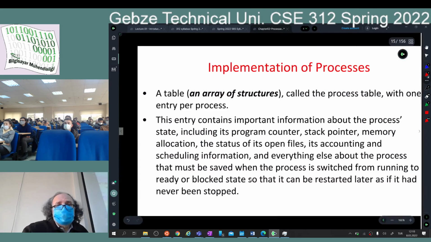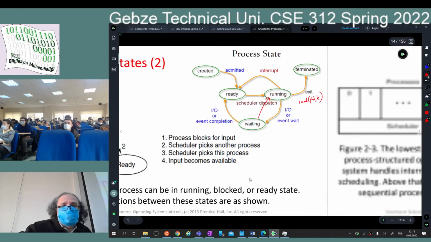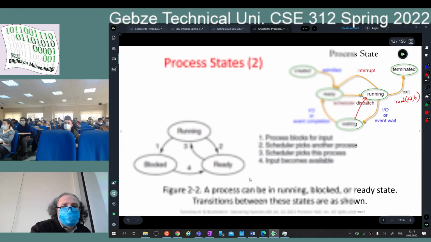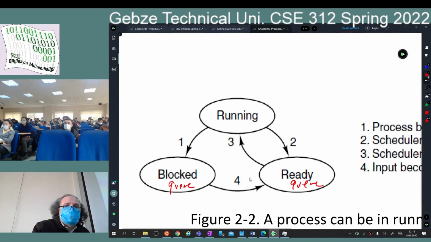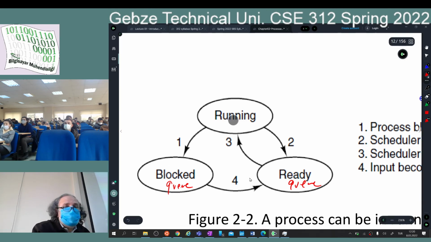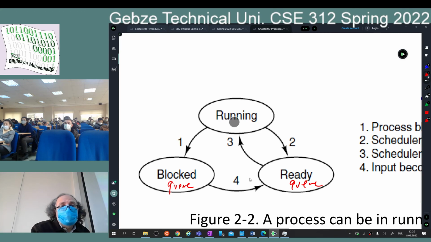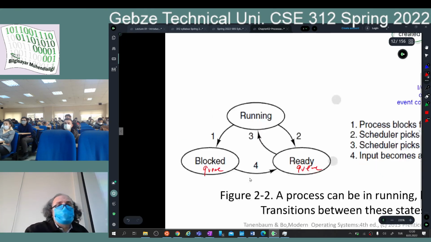By the way, this is block queue, and this is ready queue, but this is not running queue. This is running because there is no queue here. A single process can run, can take the CPU, but many processes could be blocked, many processes could be ready.